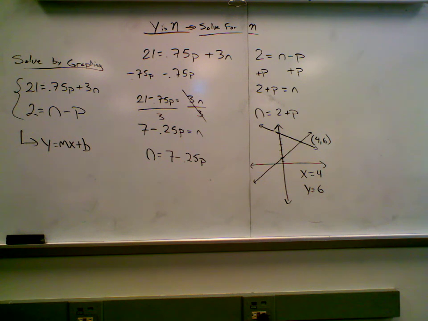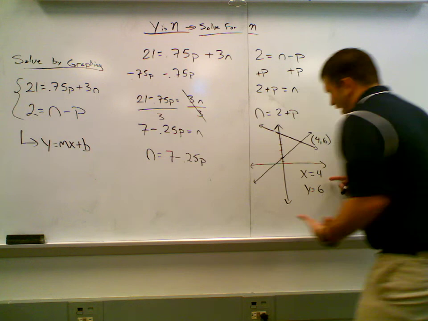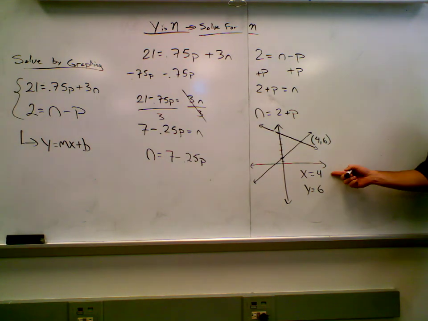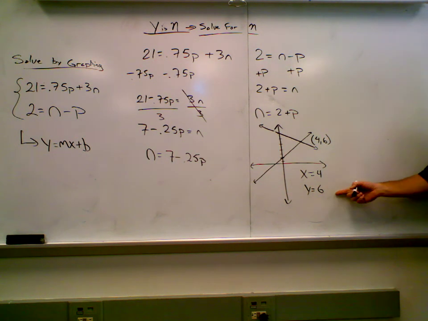Are x and y the variables we used? No. So we have to go back and put this back in the situation we're looking at, right? X was what variable? N or P? P. Right? Y is what variable?